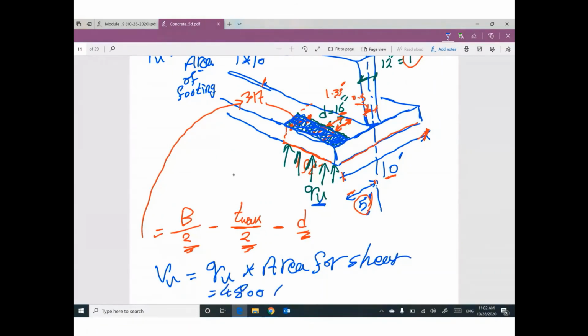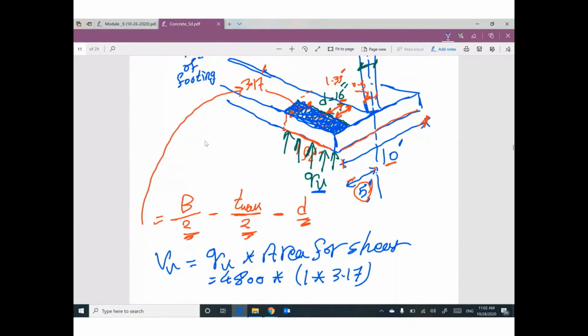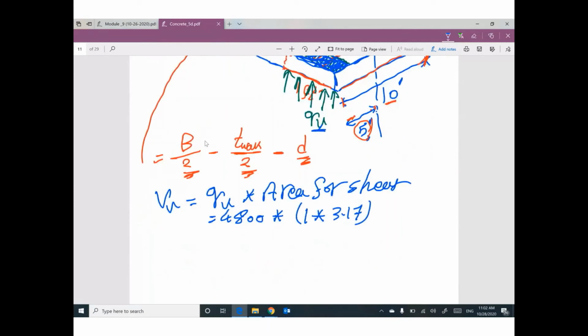Area for shear, the length is 1, the remaining distance is 3.17. So this value of V ultimate equals 15,216 pound or 15.216 kip.